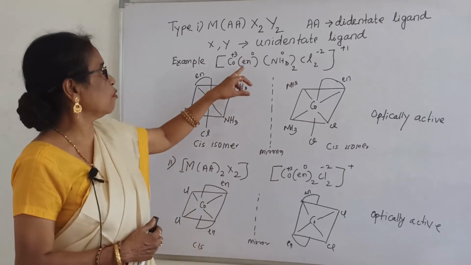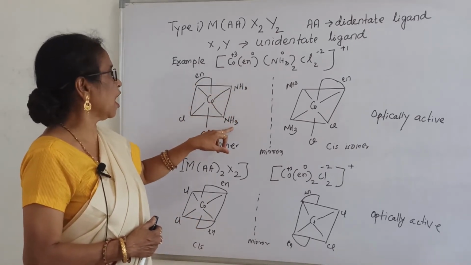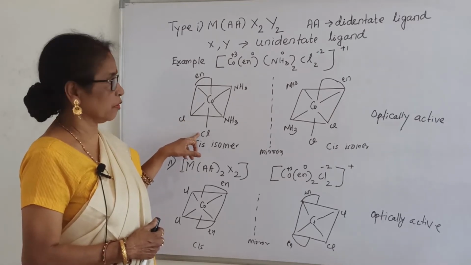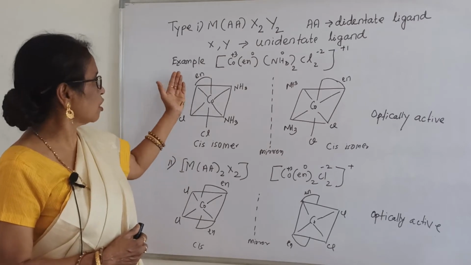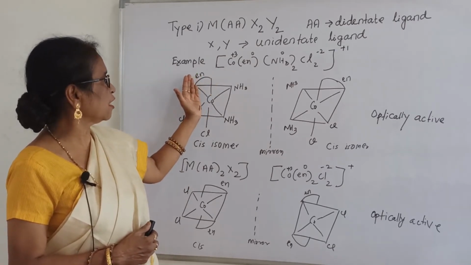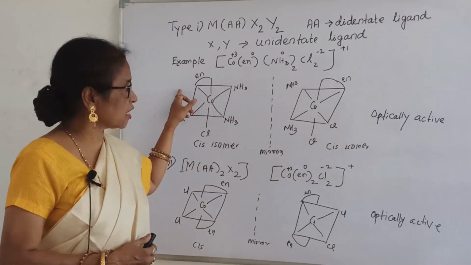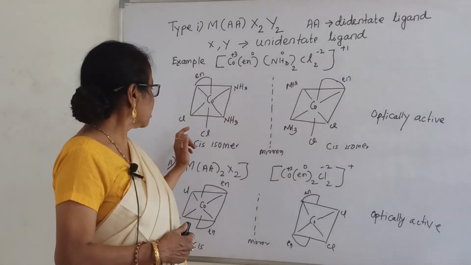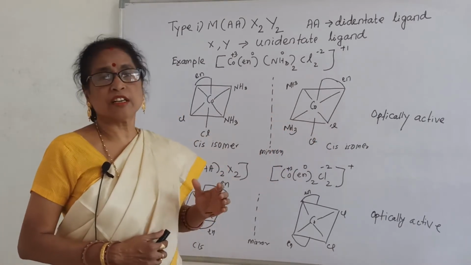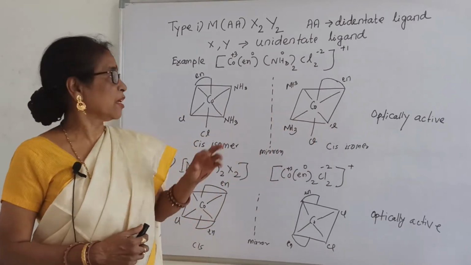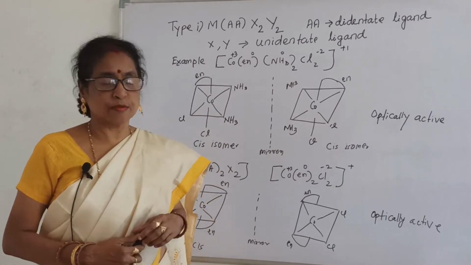Again see, if one en, ethylene diamine, you can put here two ammonia and two chlorido ions. Then for the mirror image, just exchange: en will come here, NH3 comes to this side, and NH3 comes this side. Similarly chlorine will go this side. This is optically active, that is the mirror image, but the trans form never shows it because it has a plane of symmetry.